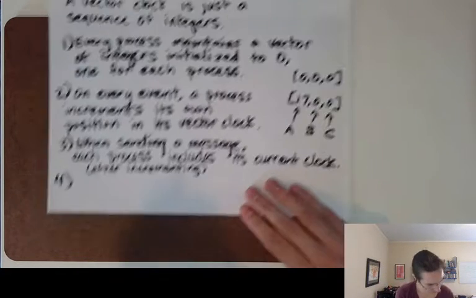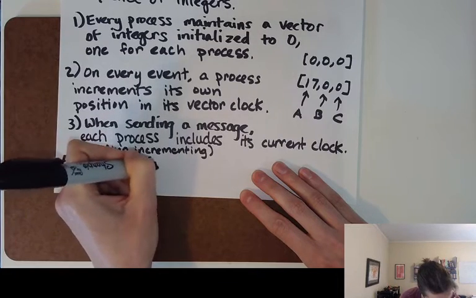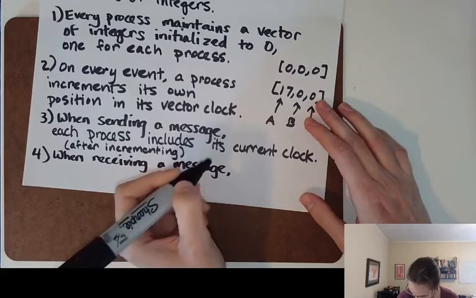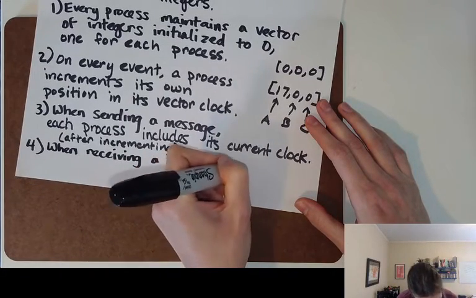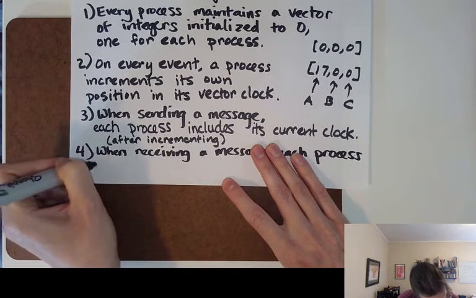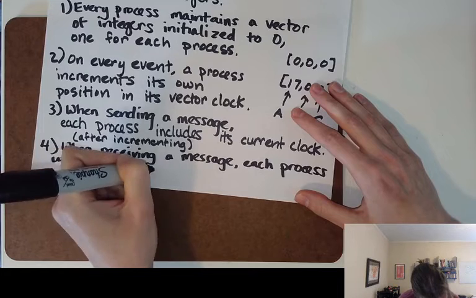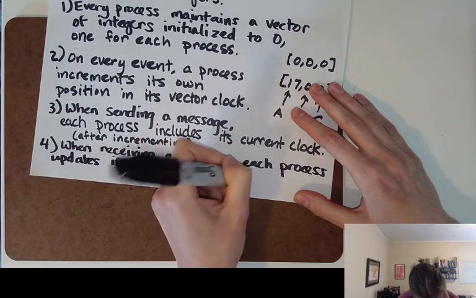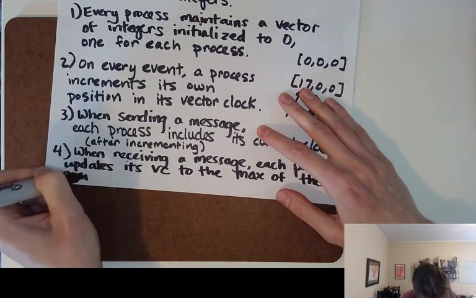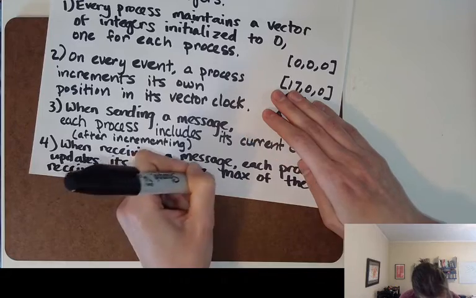So for this, we say when receiving a message, each process updates its vector clock to the max of the received vector clock and its own.